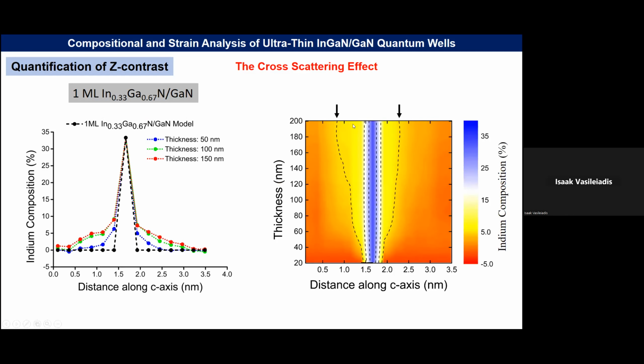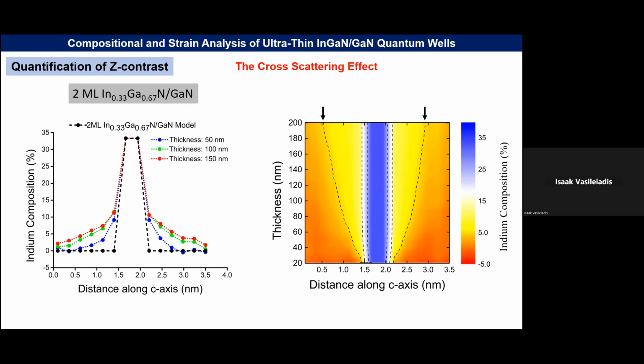In this color map, you can see how the affected area is changed by changing the thickness. When the thickness is higher, then this affected area is larger.